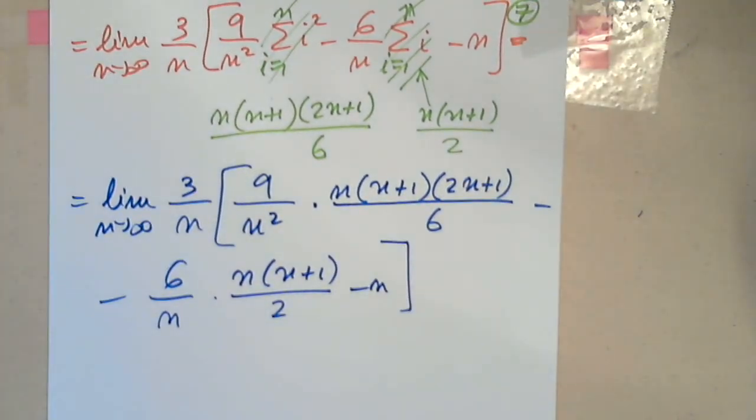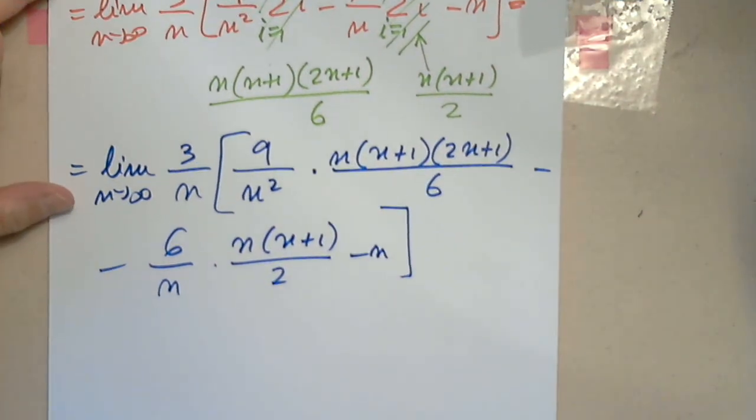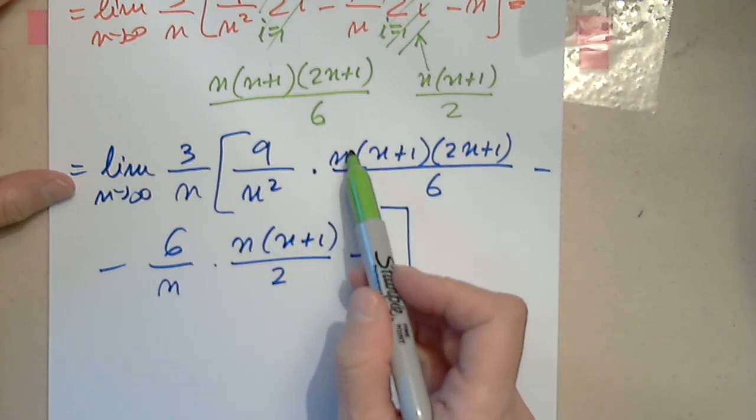So at this stage, I see that the summation notation is gone. And that's what I wanted to accomplish in this step. Next, I'm going to try and simplify as much as I can. So I'll simplify by n.